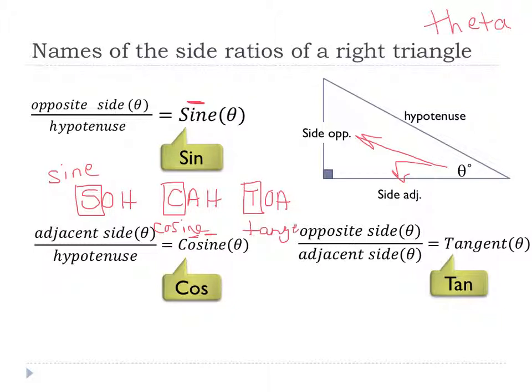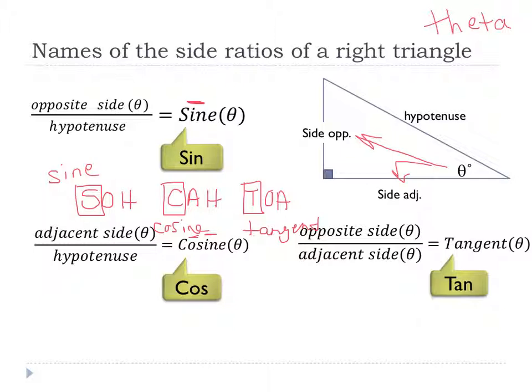And you can see here SOHCAHTOA. This is a memory that the sine of a given angle is the opposite divided by hypotenuse, adjacent divided by hypotenuse, opposite divided by adjacent. And so we use this mnemonic to memorize these ratios.